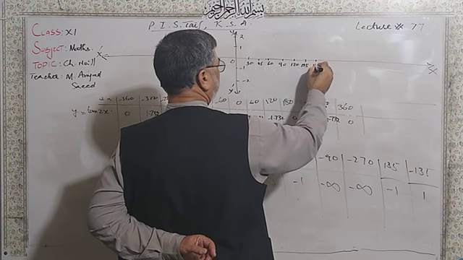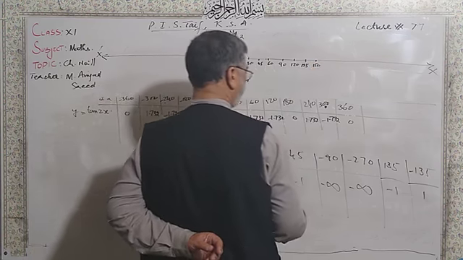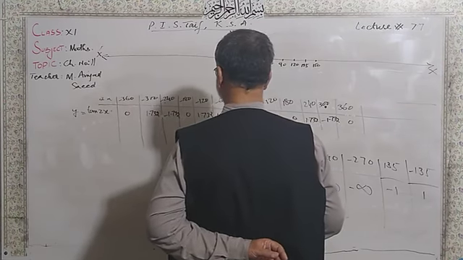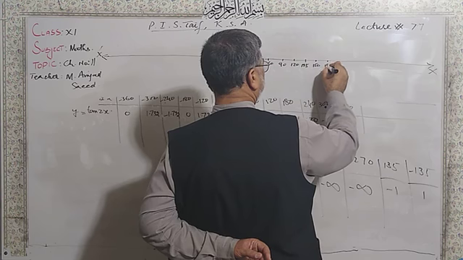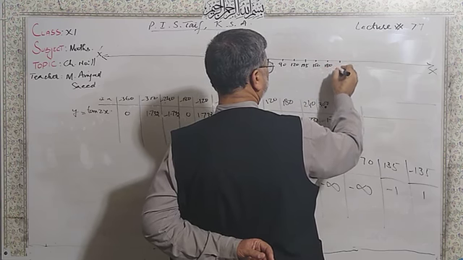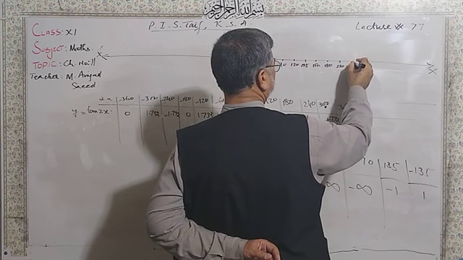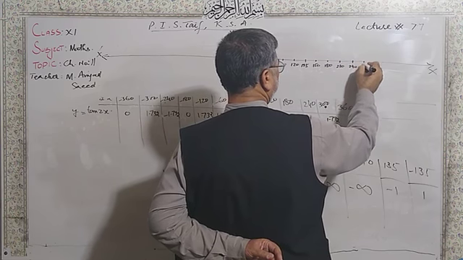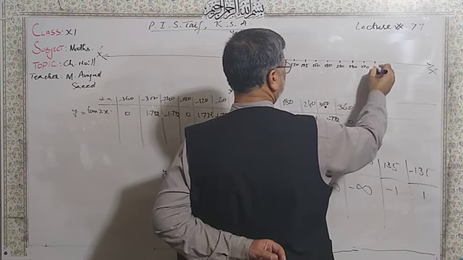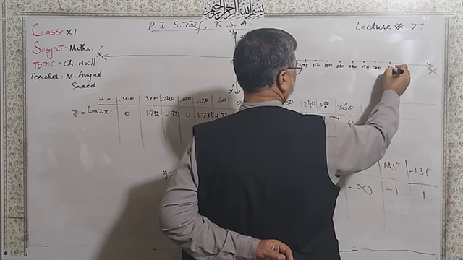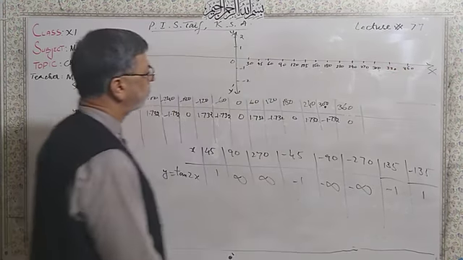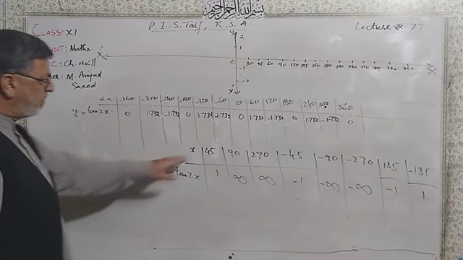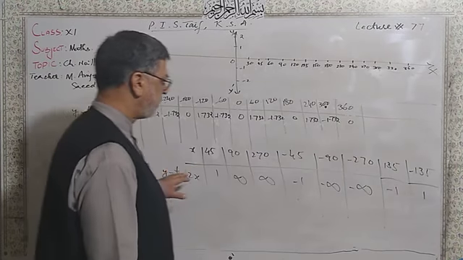After that 180, 210, 240, 270, 300, 330 and 360. I have written some of the values like these.